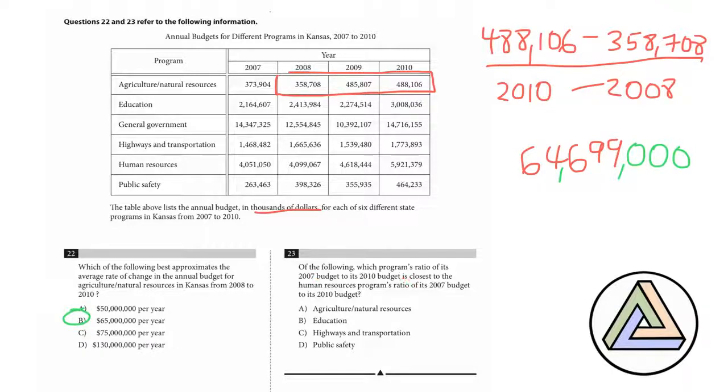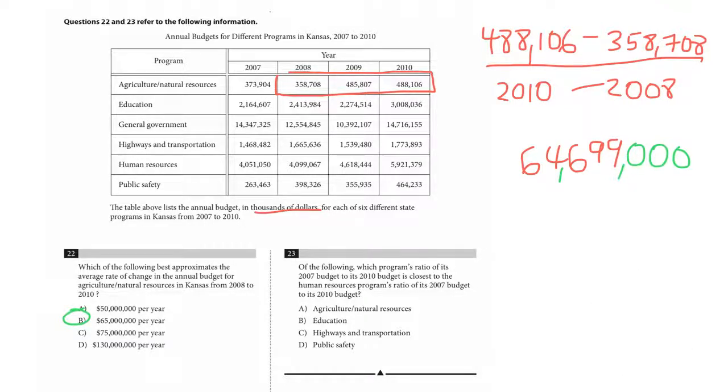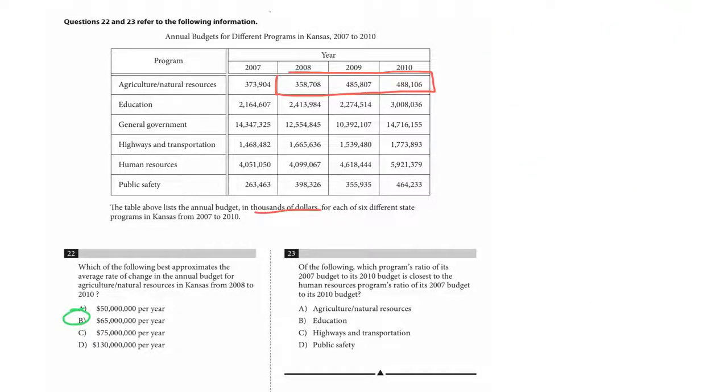Of the following, which program's ratio of its 2007 to its 2010 budget is closest to the human resources ratio from 2007 to its 2010? So the order by which they mention those words, or dates, I should say, matters.